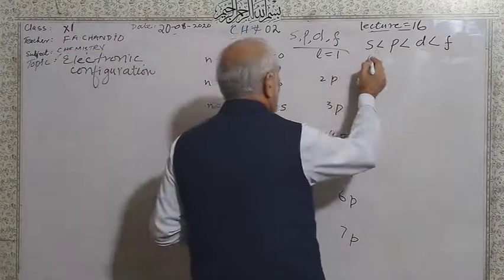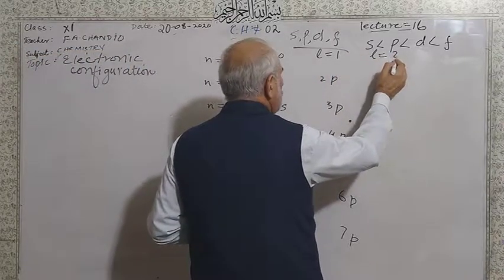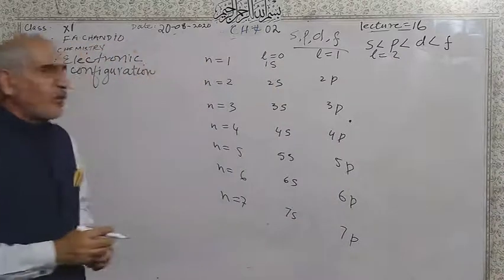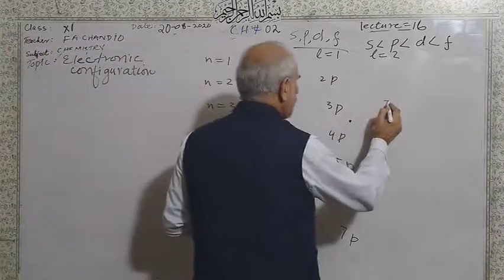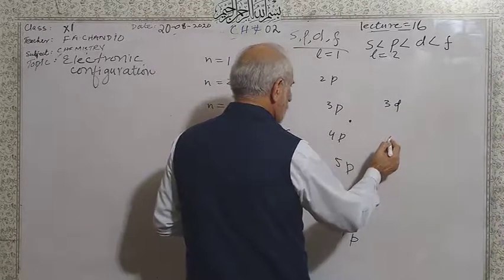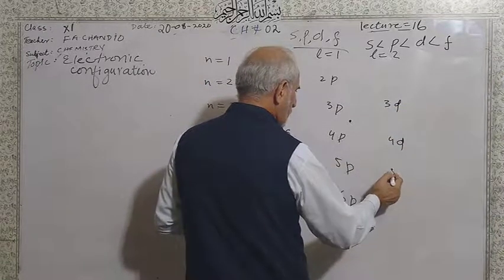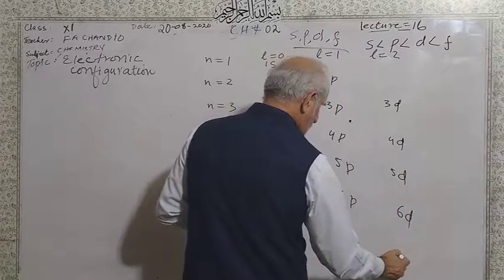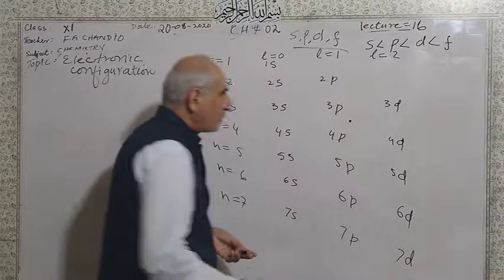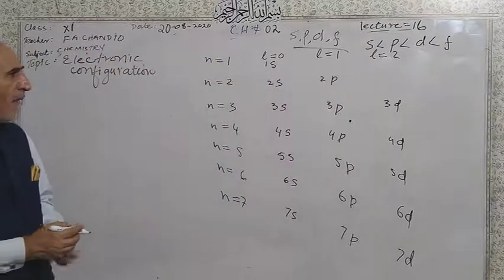Then L is equal to 2. So D starts from 3. So that's why 3D, 4D, 5D, 6D, and 7D. Like this one.